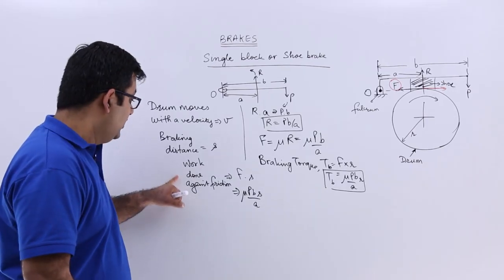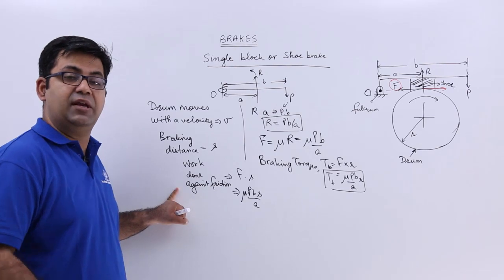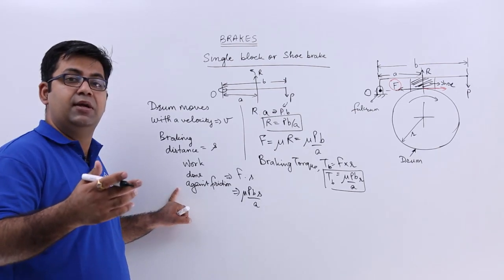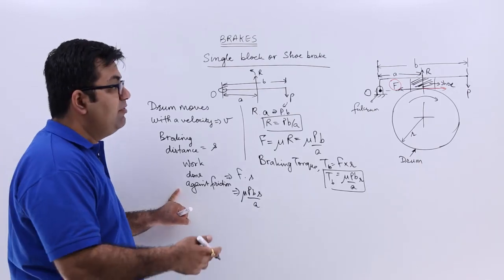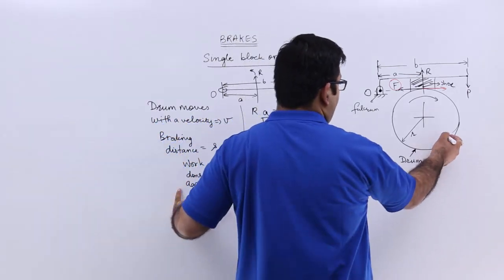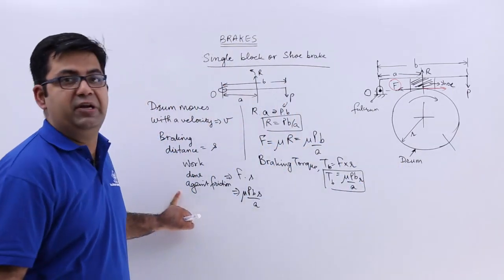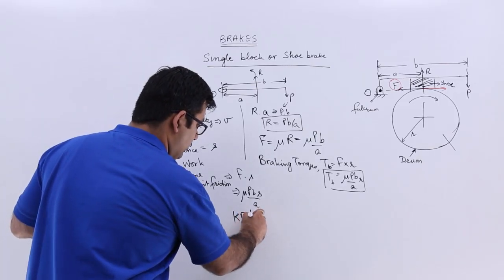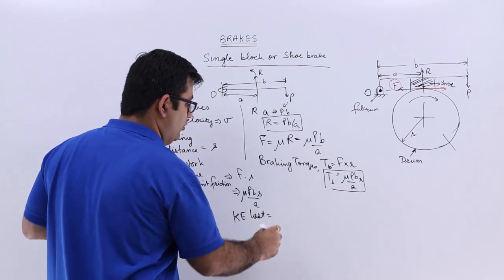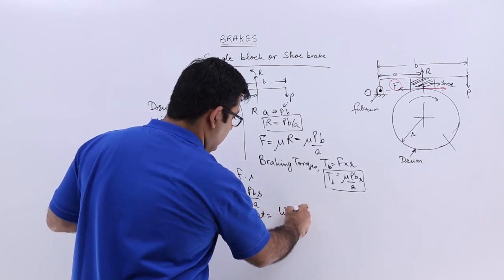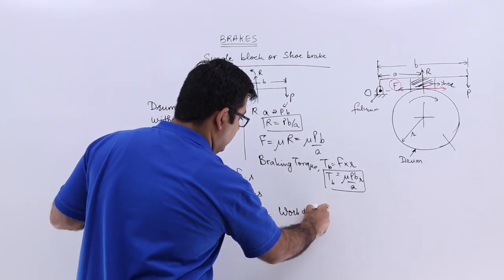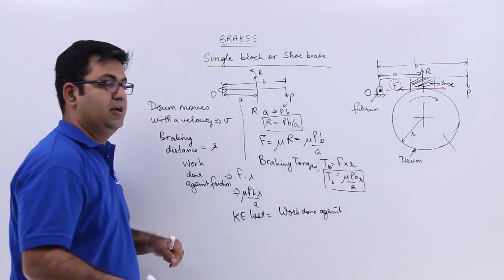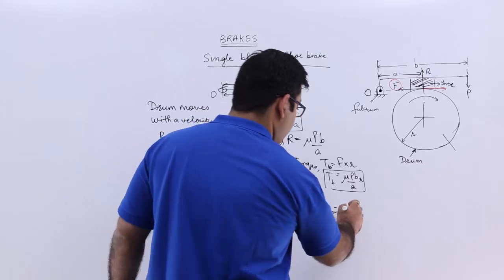Now if there is friction, there has to be some work done to overcome that friction. This will make the kinetic energy of this drum to be dissipated. So the kinetic energy lost should be equal to the work done against friction, by the law of conservation of energy.